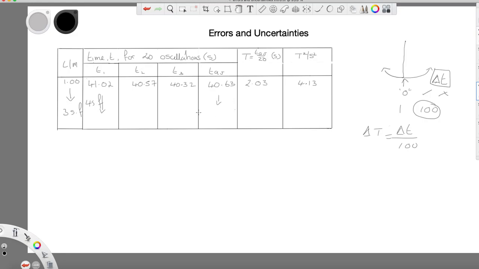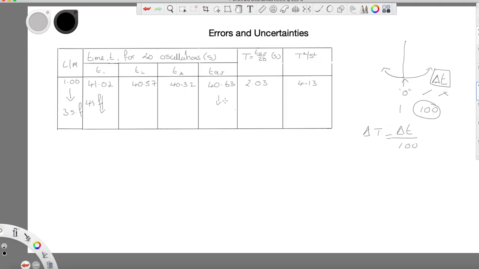So I've got 41.02, 40.57, 40.32 and I have an average then, if you add them all together, 41.02 plus 40.57 plus 40.32 divided by 3, an average, I have an average of 40.63 for those 3.